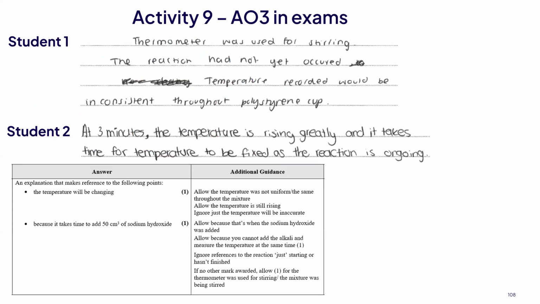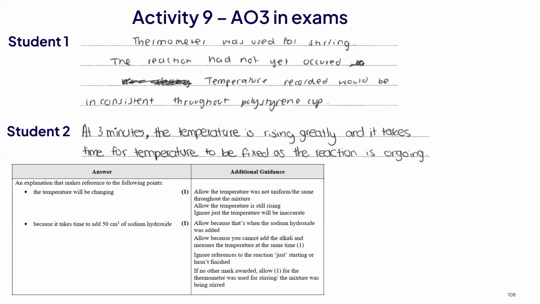Right, so here we go. Student 1: the thermometer was used for stirring. Well, that would be allowed for 1 mark if there's nothing else. But let's see if there is something else. The reaction had not yet occurred. Temperature recorded would be inconsistent.